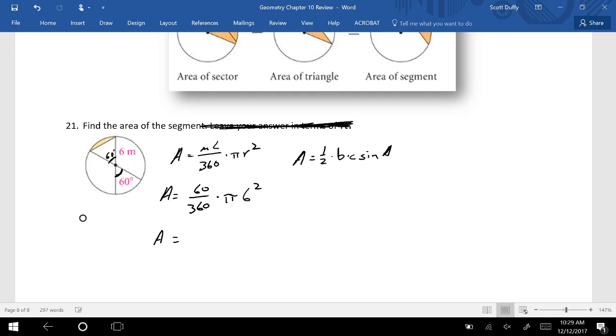And you get an area for that sector of 18.85. Now, to find the area of the triangle, I realize that both of these sides of the triangle are 6 meters, and the angle between is 60. So it's going to be equal to 1/2 times 6 times 6 times the sine of 60.